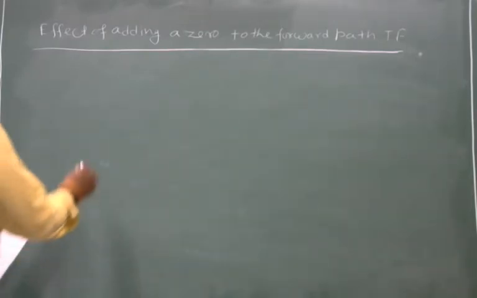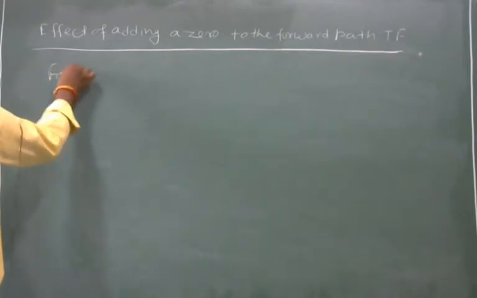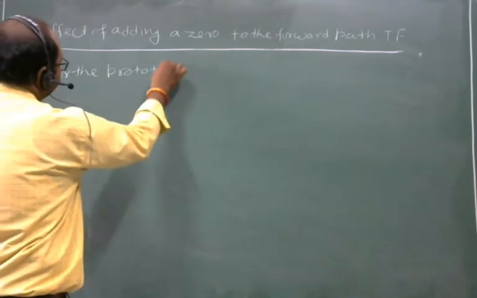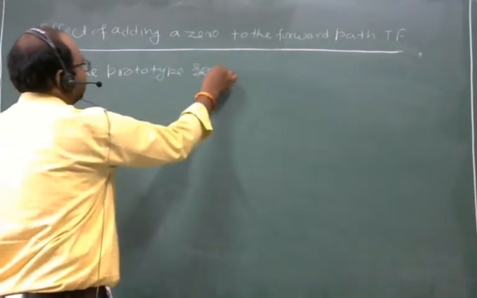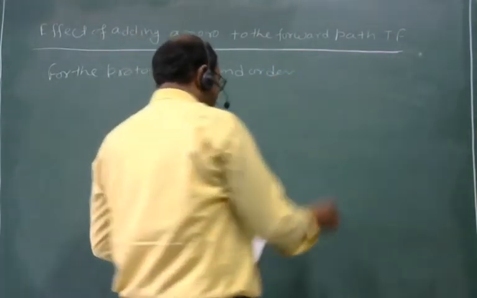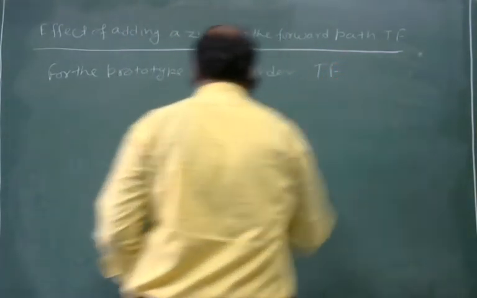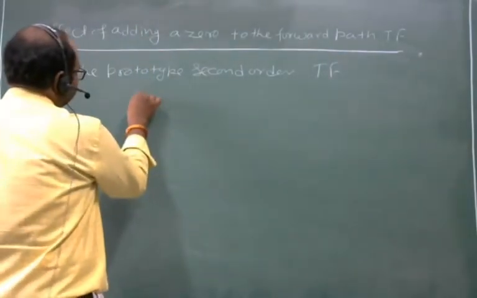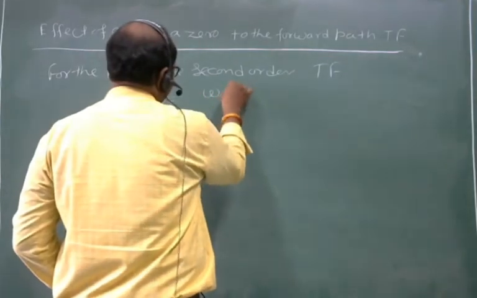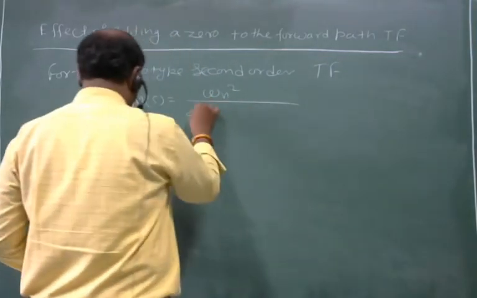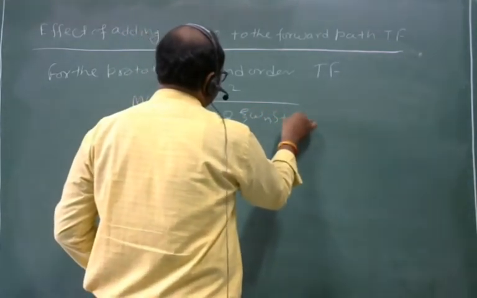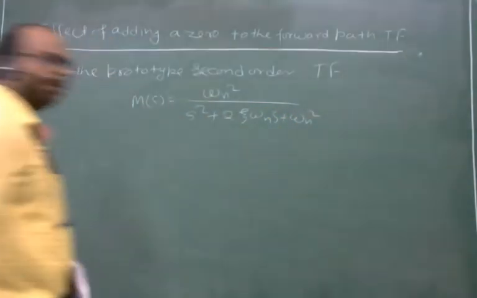So for the prototype second order transfer function, M(s) is equal to omega n square divided by s square plus 2 zeta omega n s plus omega n square.